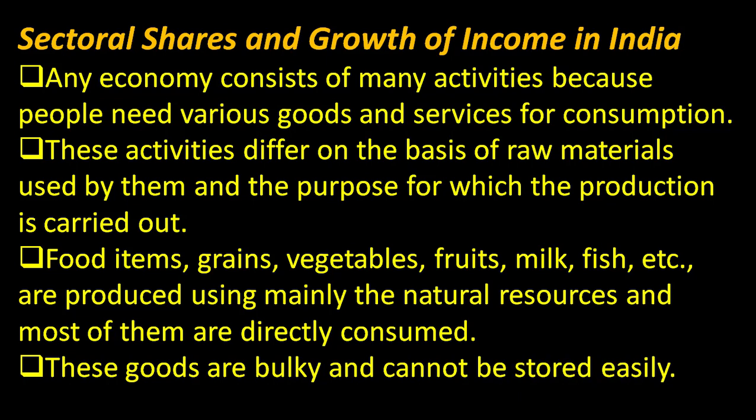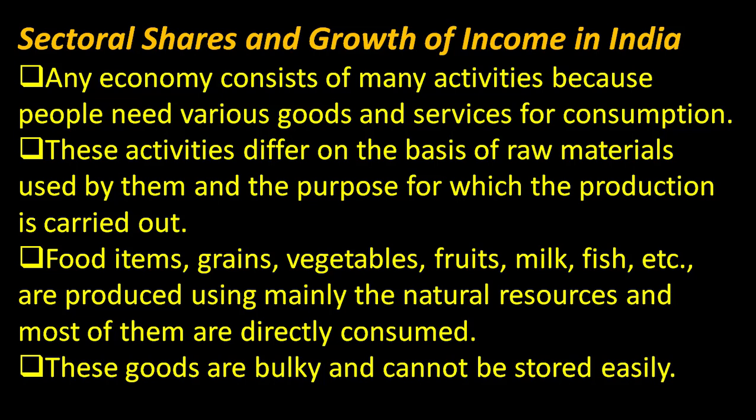Any economy consists of many activities because people need various goods and services for consumption. These activities differ on the basis of raw materials used by them and the purpose for which the production is carried out. Food items, grains, vegetables, fruits, milk, fish, etc. are produced using mainly the natural resources and most of them are directly consumed.